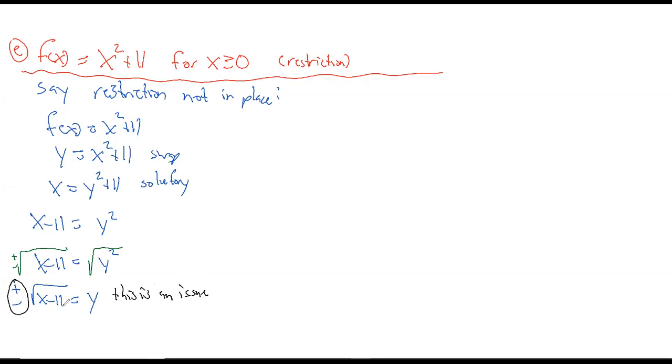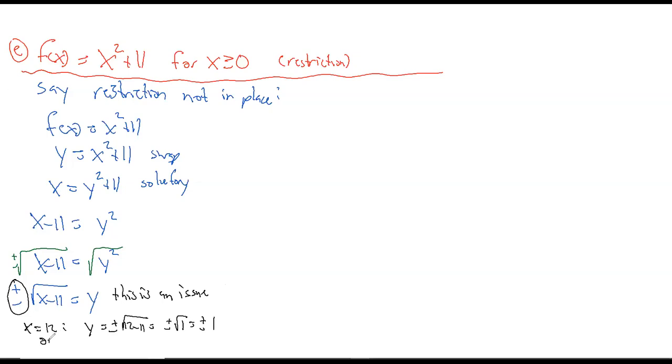Just plug in an x value of, say, I want to make this a nice even number, let's say x equals 12. That tells us that y is equal to plus or minus the square root of 12 minus 11, which is plus or minus the square root of 1, which is plus or minus 1.